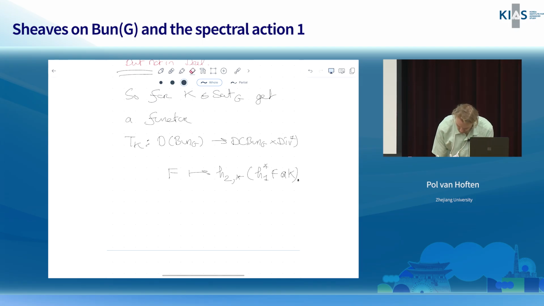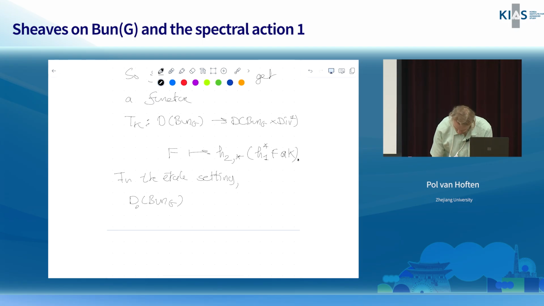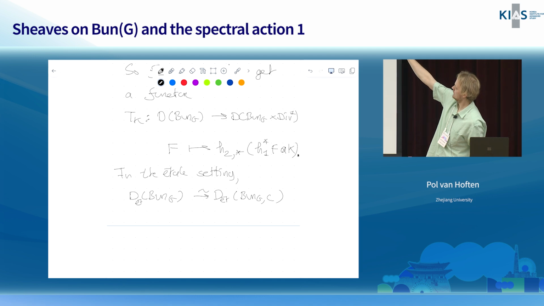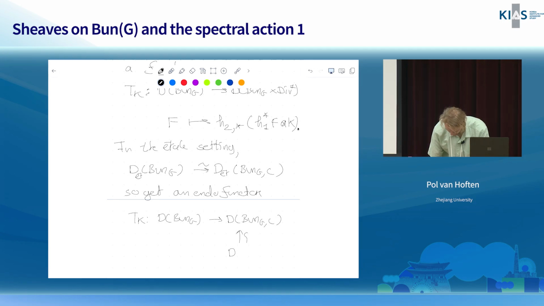So in the étale setting, I have D étale of Bun_G, and it's just the same as D étale of Bun_G over C. So what I can do is, this functor lands in D of Bun_G times Div^1, but I can just pull back to D of Bun_G over C. So I get an endofunctor T_K from D of Bun_G to D of Bun_G over C, which is again D of Bun_G.